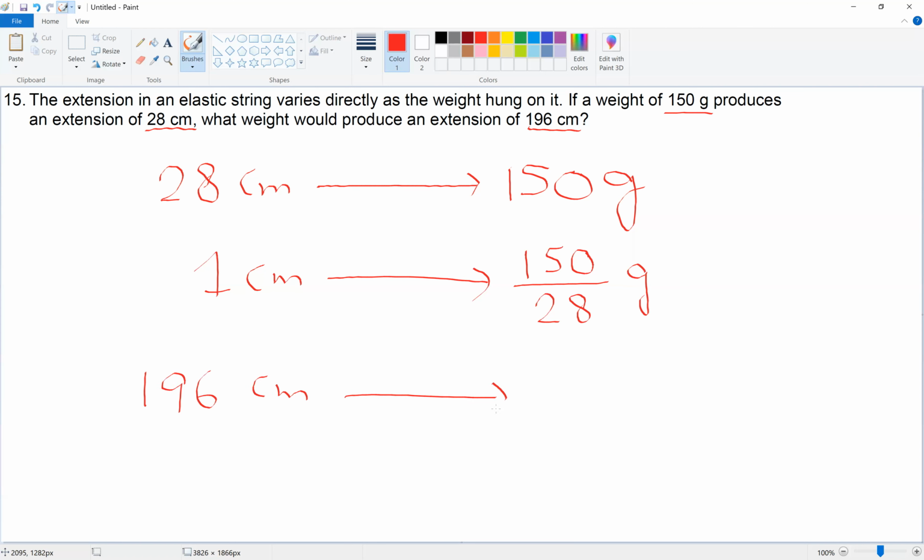What should I write? You should write 150 times 196 divided by 28. That's it. And that would be 1050. Do you understand or no? I understand.